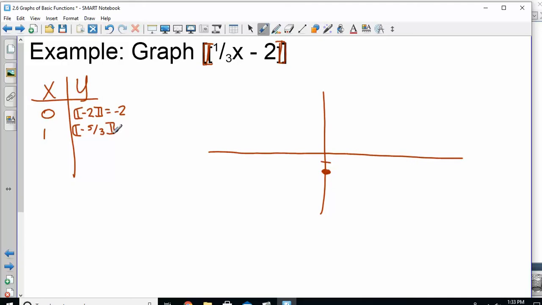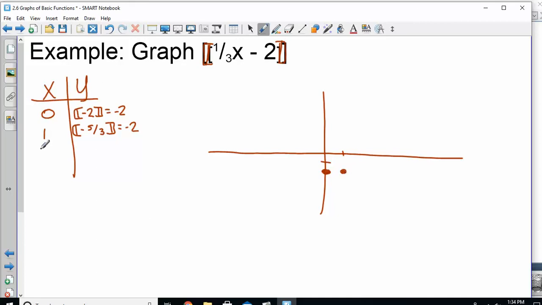Seems like the negatives kind of throw me. -5/3 falls between -1 and -2. You have to give me the smaller number. So what's smaller? -2. So 1 still gives me out -2.